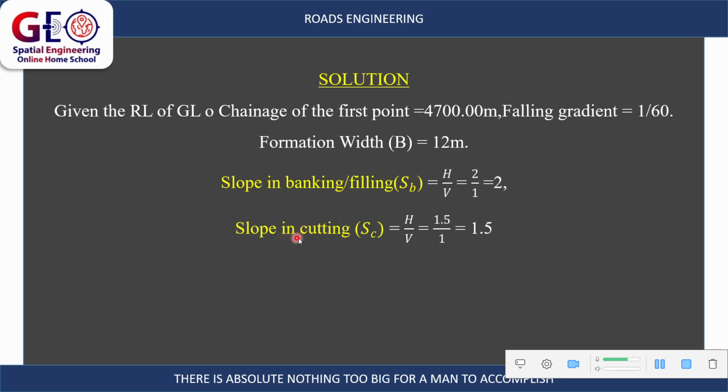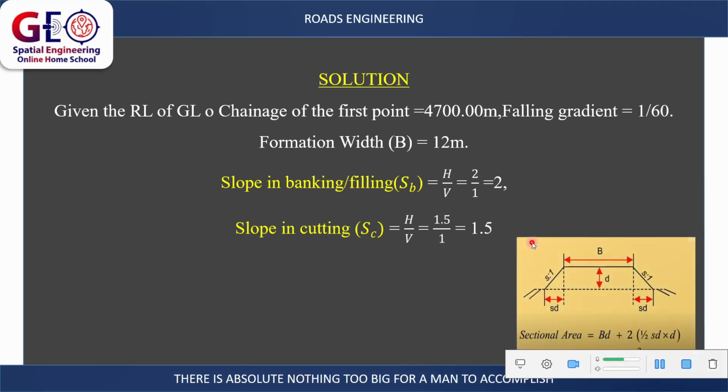Same thing, the slope in cutting, the horizontal distance to the vertical, is 1.5 over 1. If we look here, this is the slope either in embankment or in cutting, which is S to 1. And from here, we say the slope is defined by the horizontal distance moved to the vertical distance.